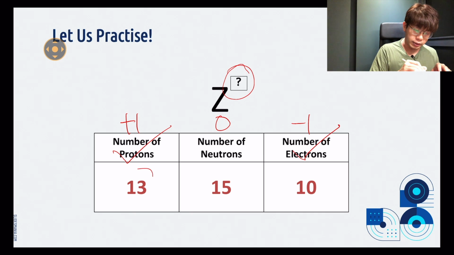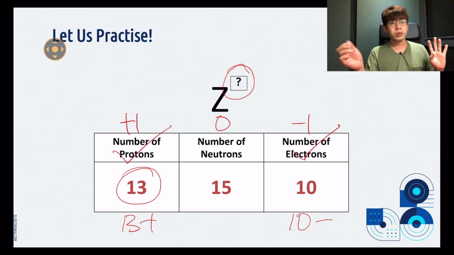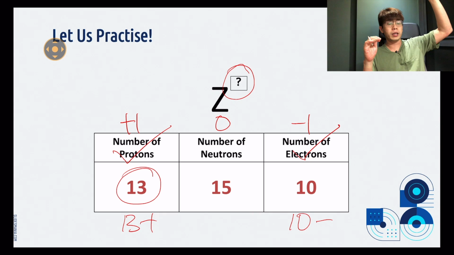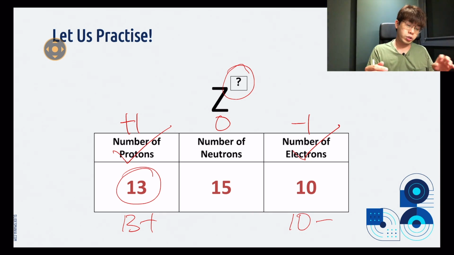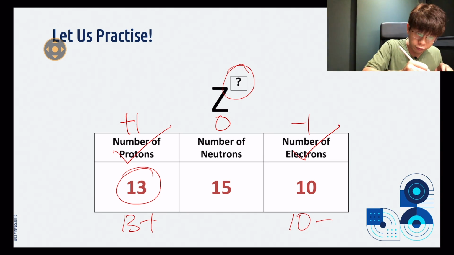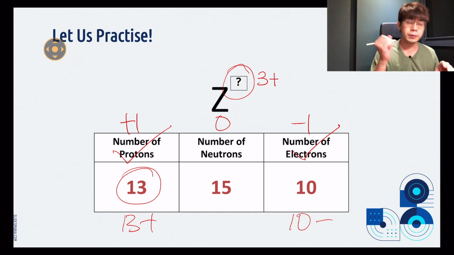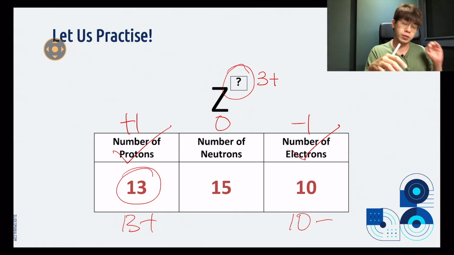I know that there are 13 protons here, so there's a total of 13 plus charges here. And there are 10 electrons, so a total of 10 minus charges. So it's like going up 13 floors up the lift and then coming back down 10 floors. So the overall charge is 13 plus minus the 10 minus, so that will be a total of 3 plus. Okay, 3 plus, not plus 3, 3 plus.